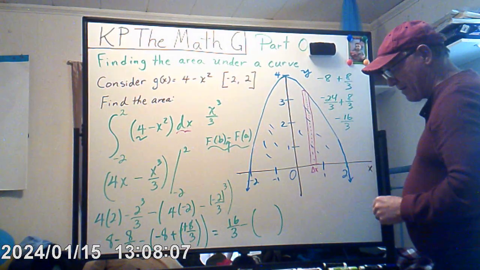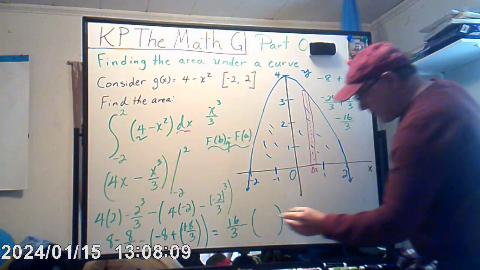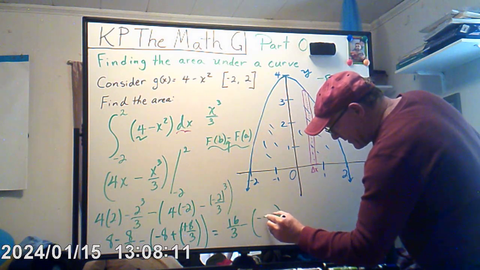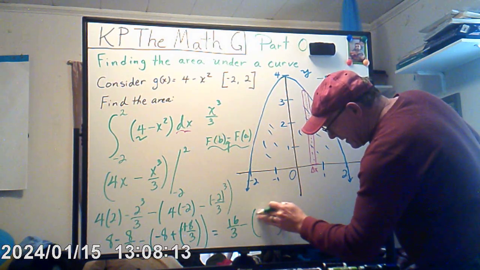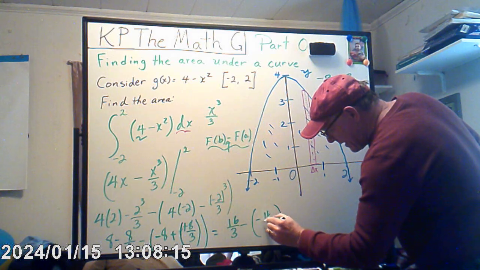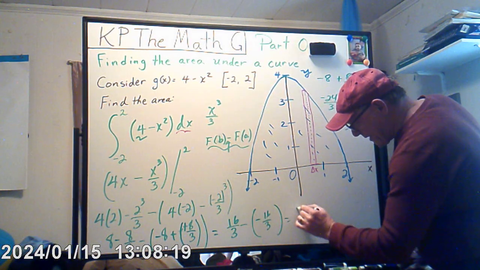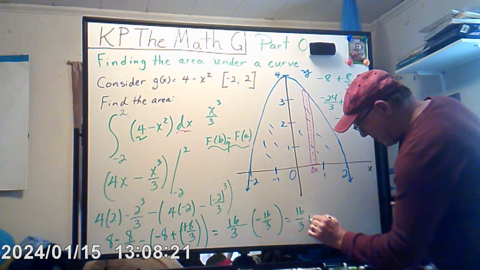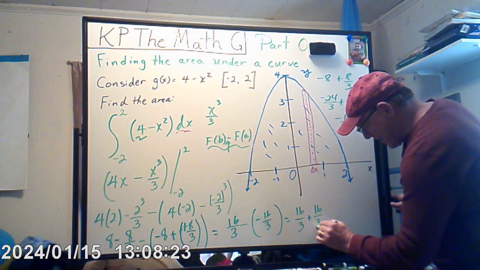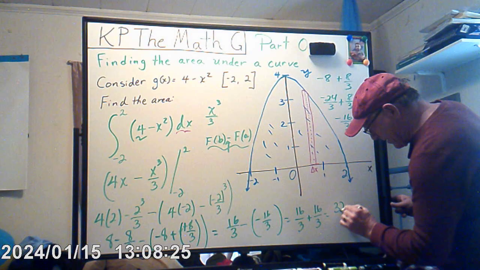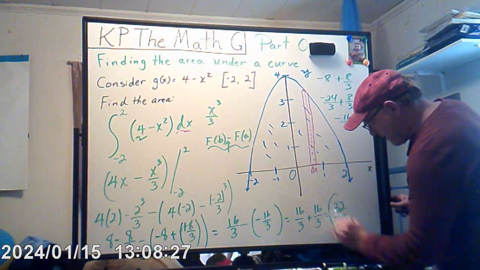You think that's 0, huh? No, it's not, because this is negative. It's negative 16 over 3, and then negative and negative is plus, so 16 over 3 plus 16 over 3 is 32 over 3. Now remember that.